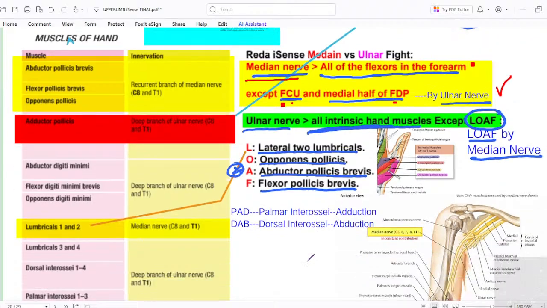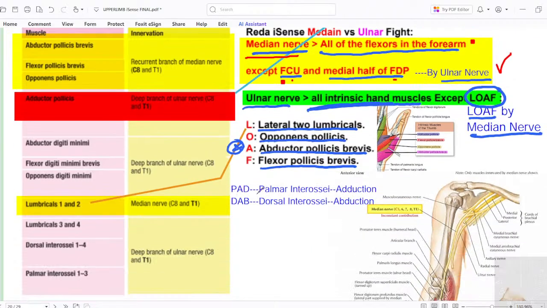Some people remember it like PAD and DAB. P for palmar interossei, adduction; AD is adduction and AB is abduction, DAB. So lumbricals one and two are supplied by the median nerve.